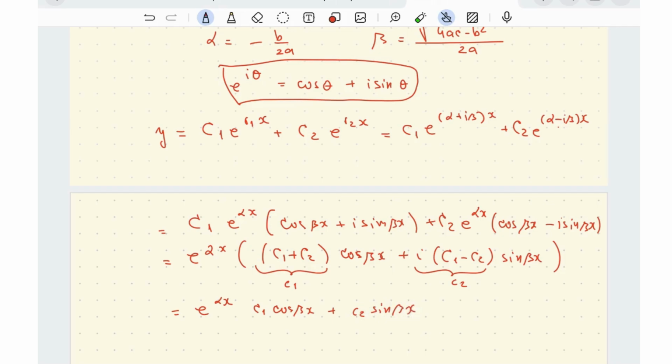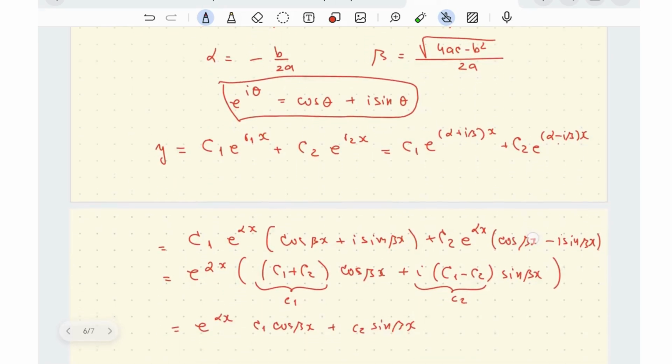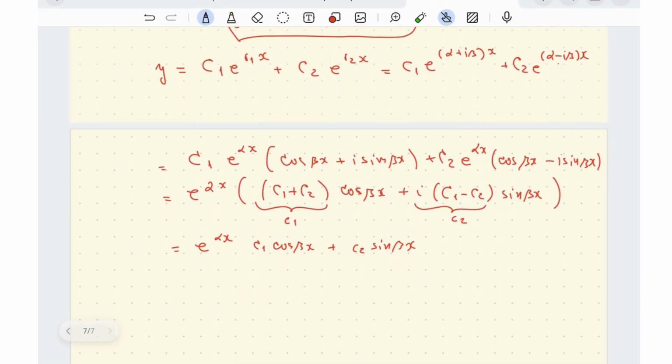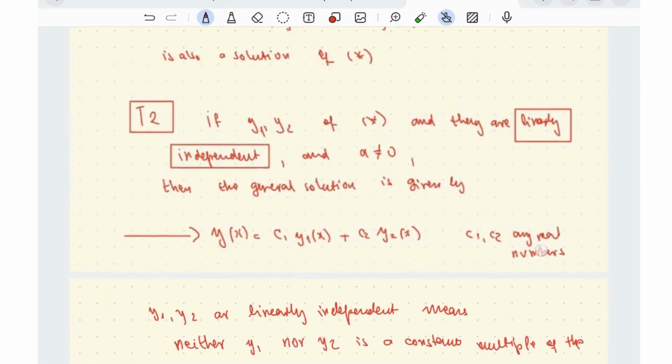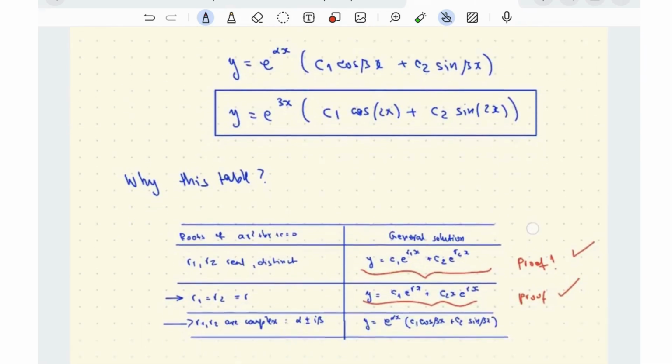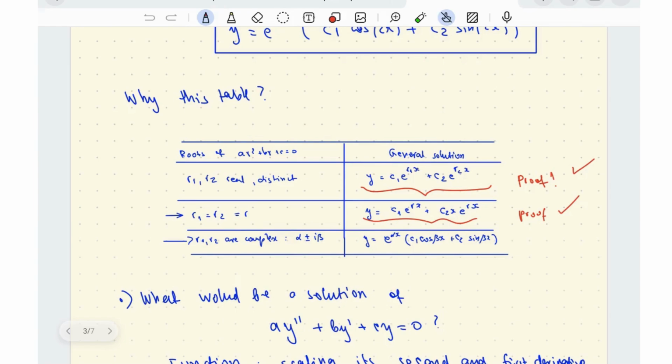Okay, and that is how we obtain the solution when the roots are complex. So we have proven this as well, and you can see that's this one.